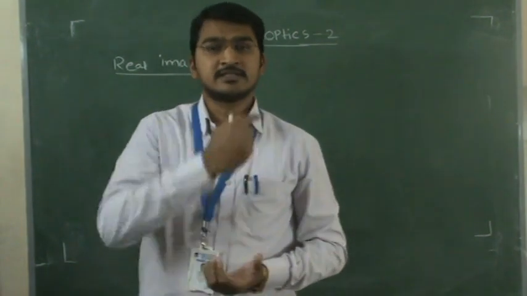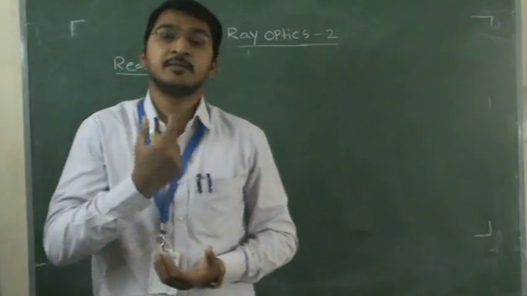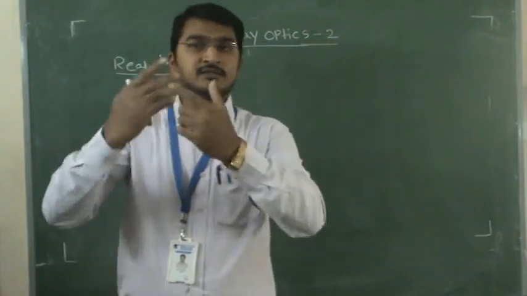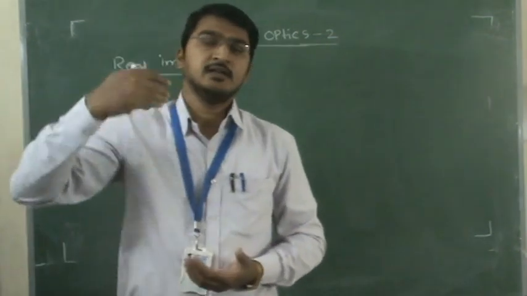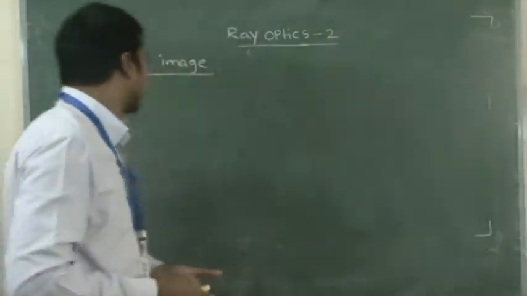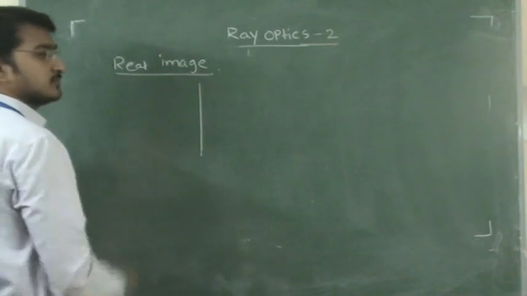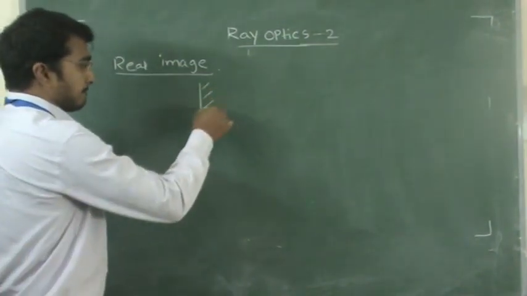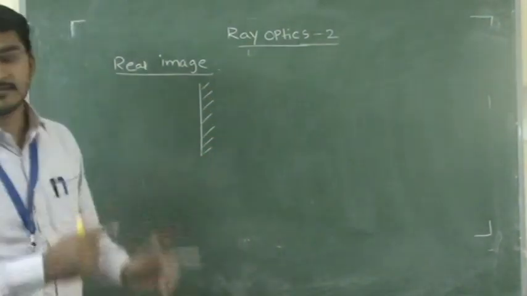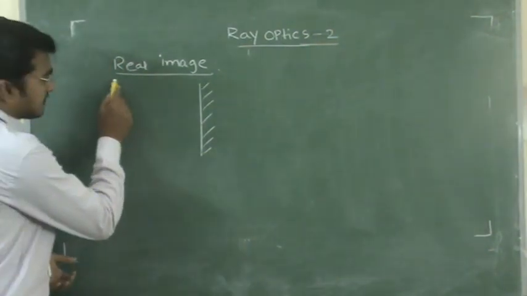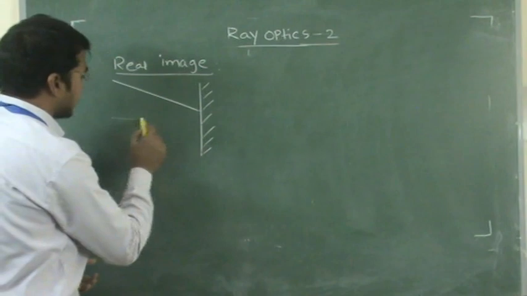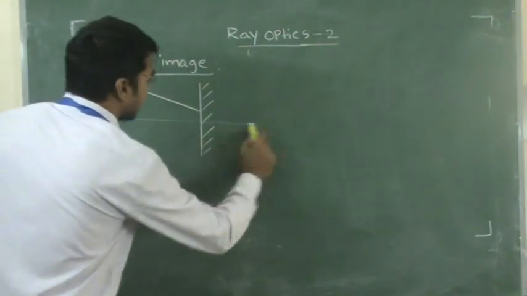Now, what is a real image? How will the image form? Because of mirrors. So there is one obstacle. Let's see here. This is one mirror. One light ray is incident on it, and this is a center line, assume it.